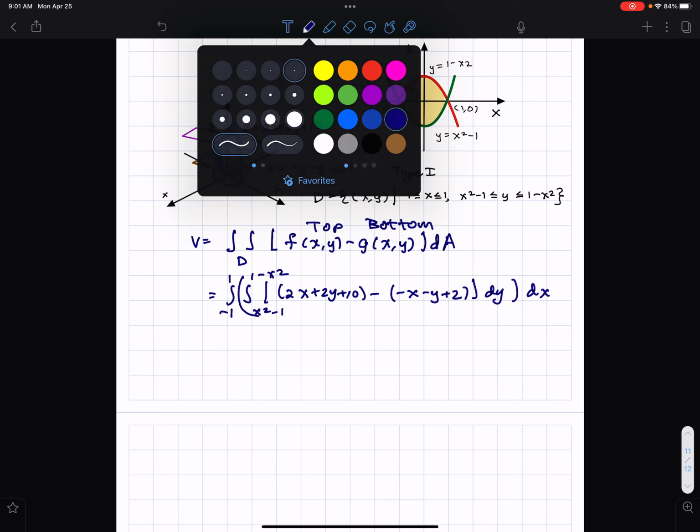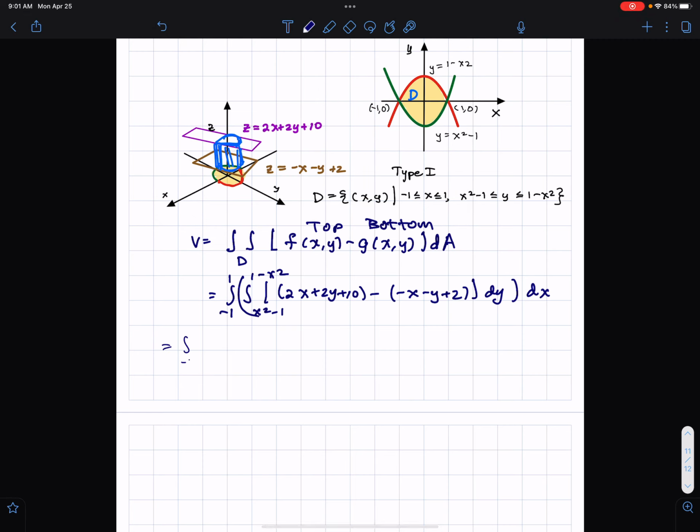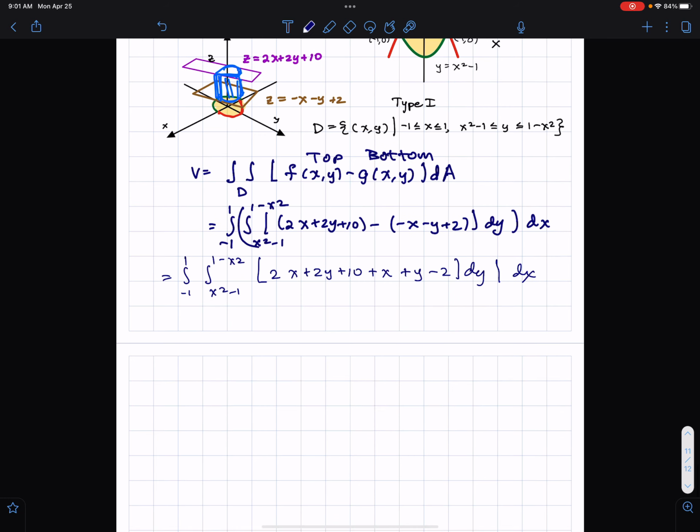So this is from -1 to 1. I'm going to simplify before I integrate: 2x plus 2y plus 10 plus x plus y minus 2 dy, and then dx.